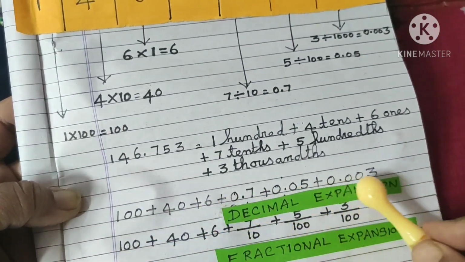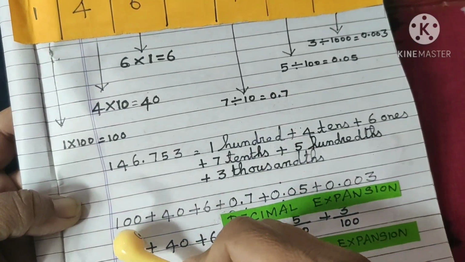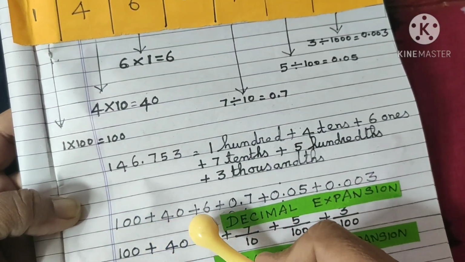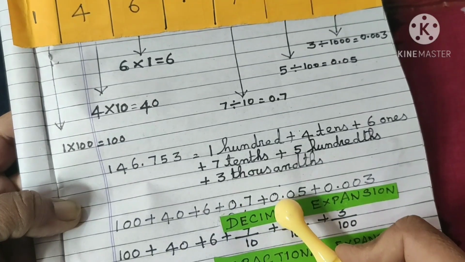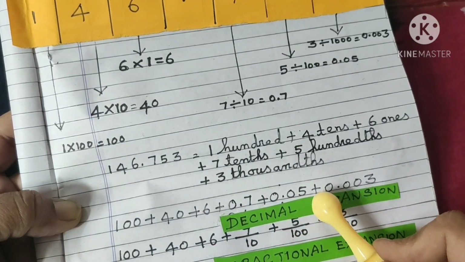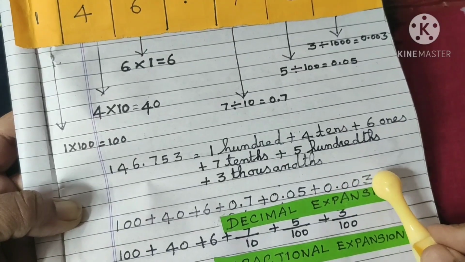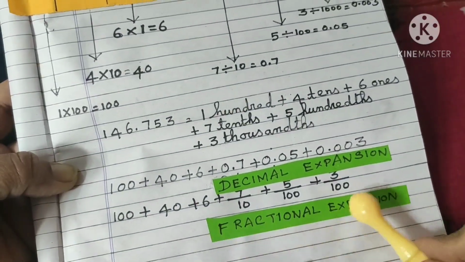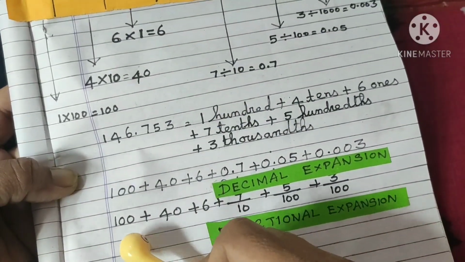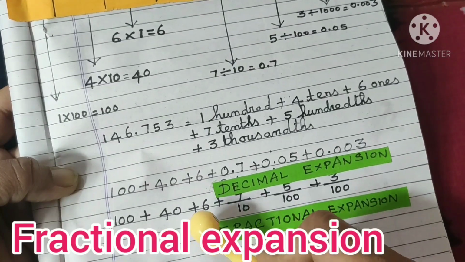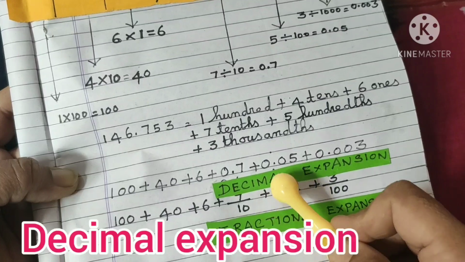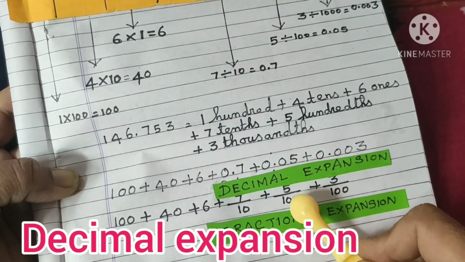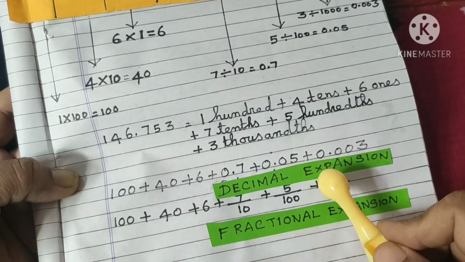This is a decimal expansion. 100 plus 40 plus 6, 0.7, 0.05, 0.003. Then fractional expansion. 100 plus 40 plus 6 plus 7 upon 10 plus 5 upon 100 plus 3 upon 1000.